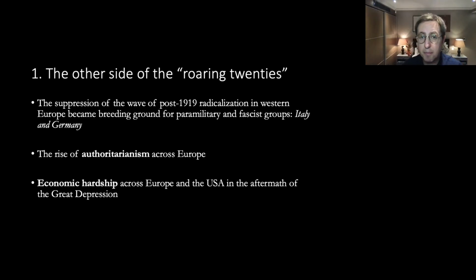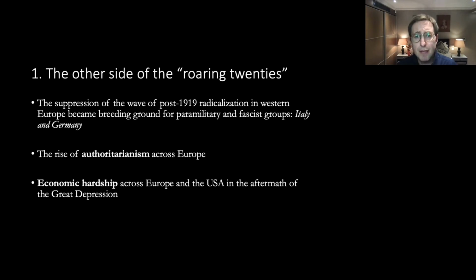However, in some cases in Europe, like in Germany, the radicalization movement, the socialists, for instance, like Rosa Luxemburg and Karl Liebknecht, were brutally suppressed by paramilitary groups. So the suppression of the post-1919 wave of radicalization in Western Europe became to some extent the breeding ground for paramilitary and fascist groups. And the case in point here is Italy and Germany.